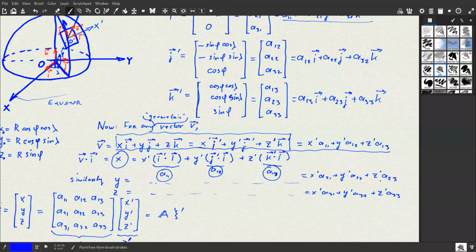Which means that at the moment, please note that we disregard translation of the origins. We're only talking about vector components, vector projections.